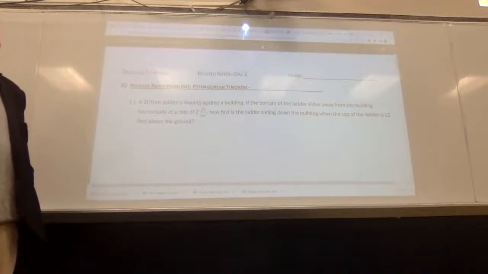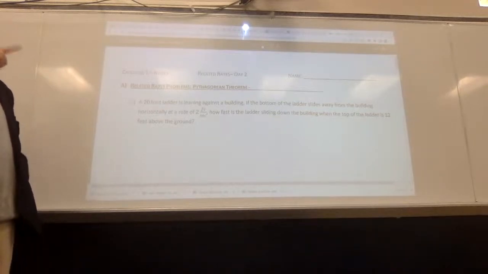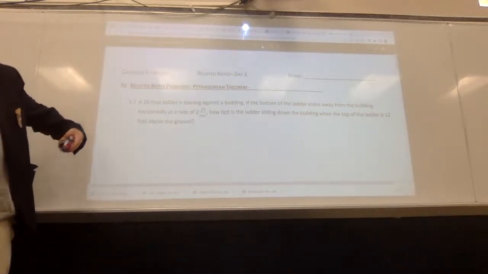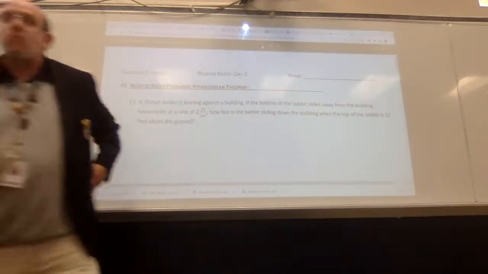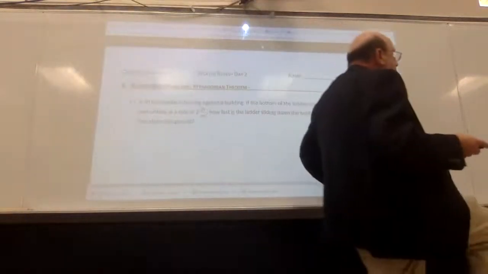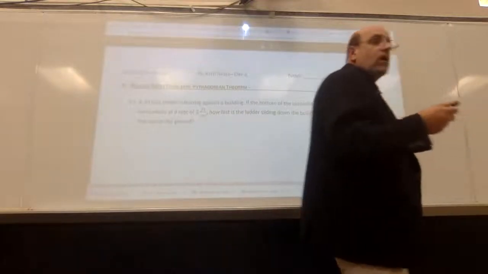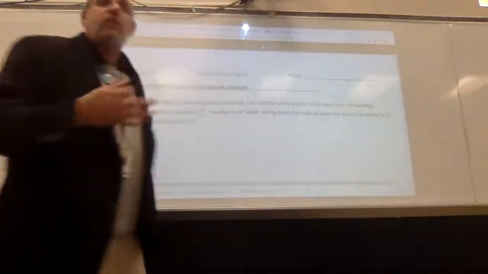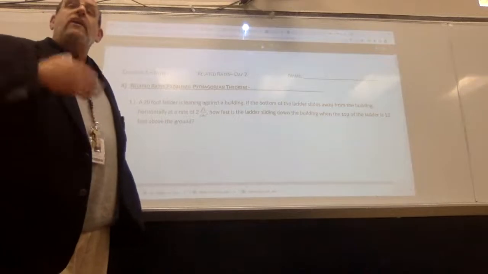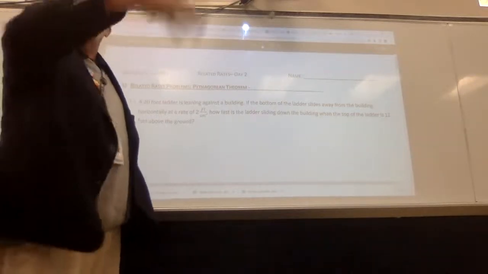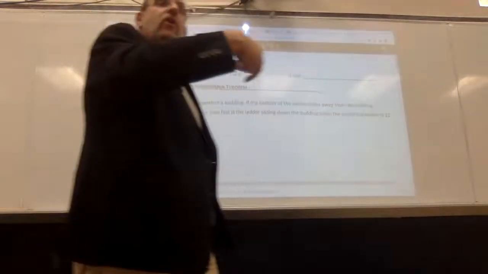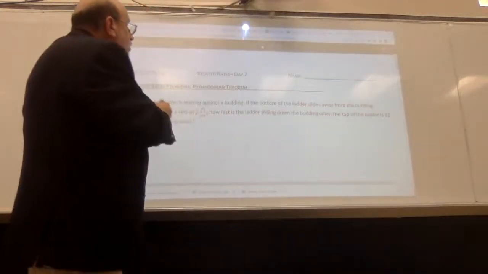All right, let's go super simple. First and foremost, what do we need to know to be able to solve a related rates problem? What's the first thing I need to know? I need to know implicit differentiation. I need to differentiate in terms of something else, right? We were able to start small.